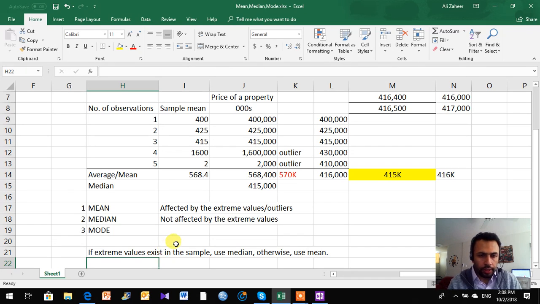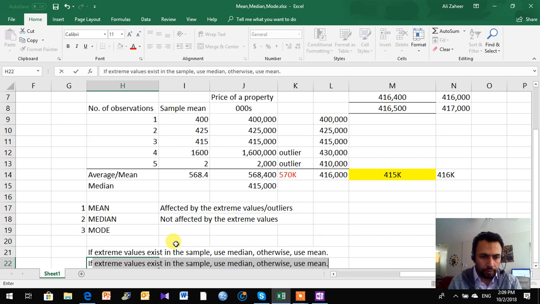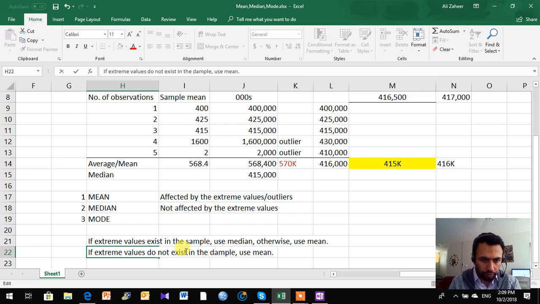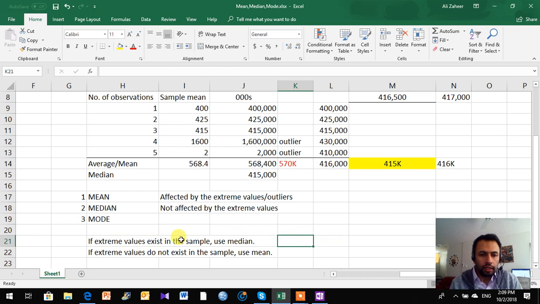If you think this is a very complex sentence, I can make it simpler. If extreme values do not exist, use mean. Do not exist where? Exist in the sample. If extreme values exist in the sample, use median, so I simply delete that. So we have two rules here.